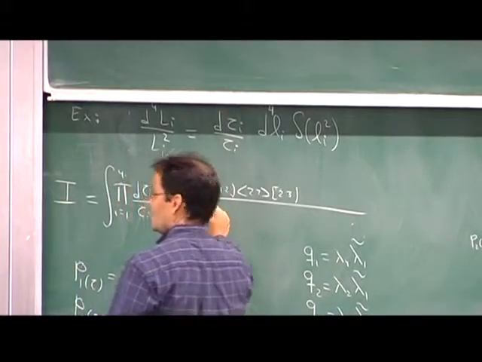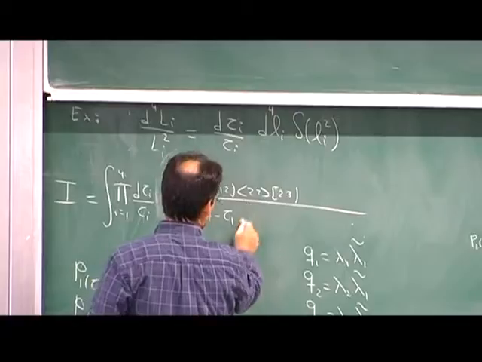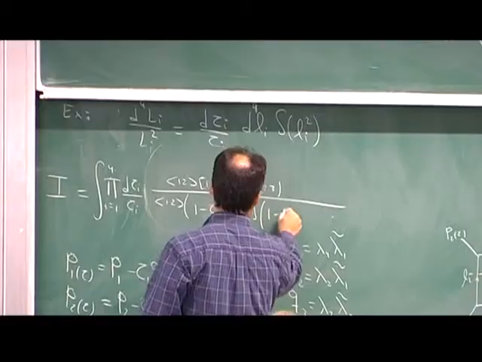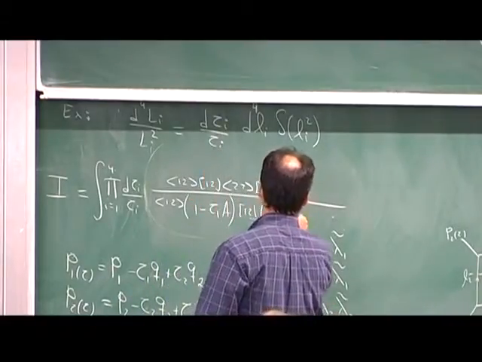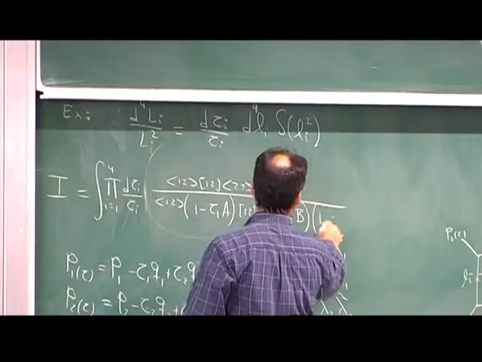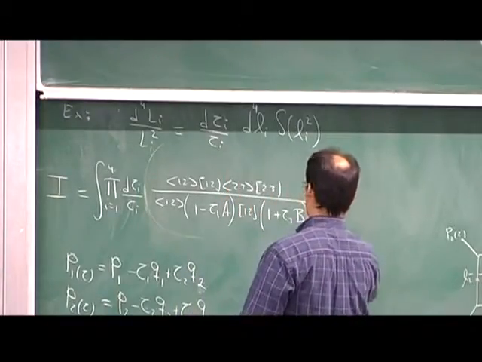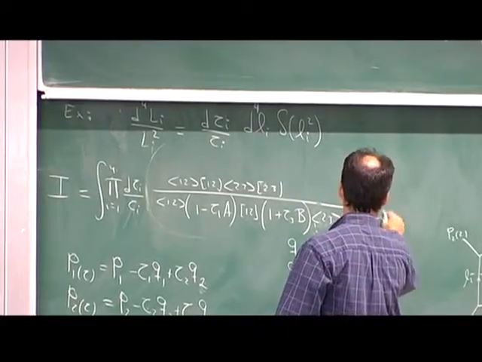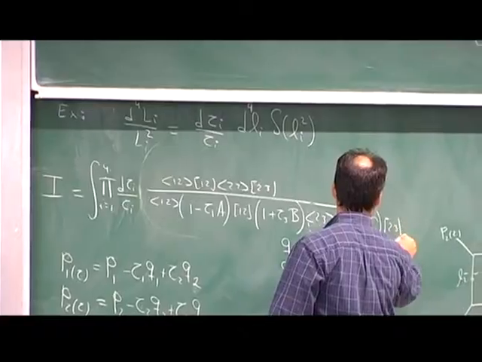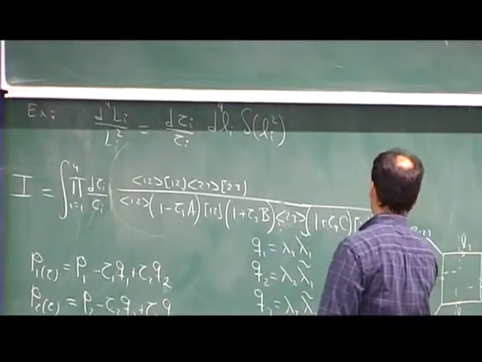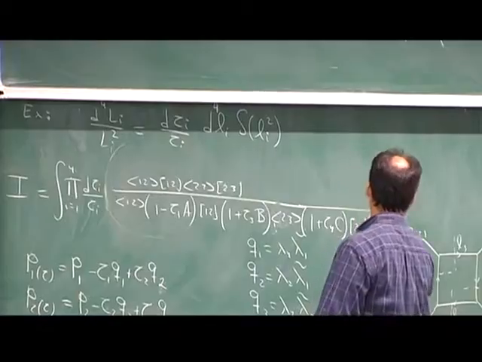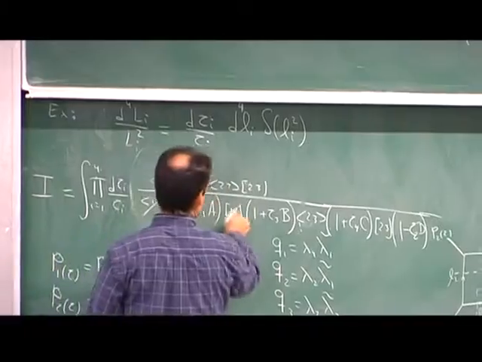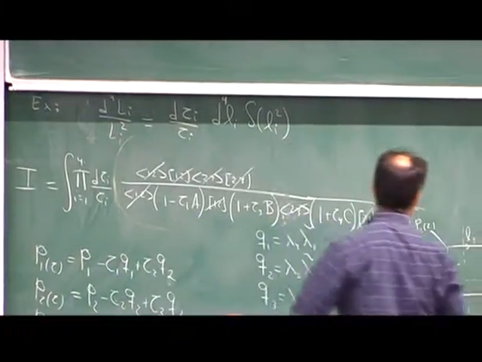I get 1, 2, 1 minus tau 1 times some a, 1, 2 times 1 minus tau 3 or plus tau 3 times some b, 1, 2, 3 times 1 plus tau 4 times some c, and 2, 3 times 1 plus minus tau 2 times some d, that I don't care at the moment what they are. This cancels this, this one, this one, this.